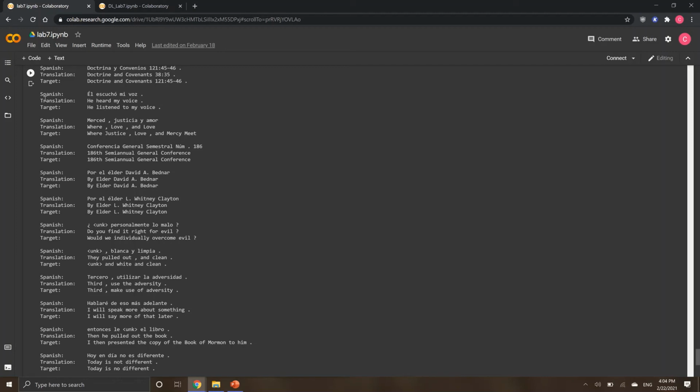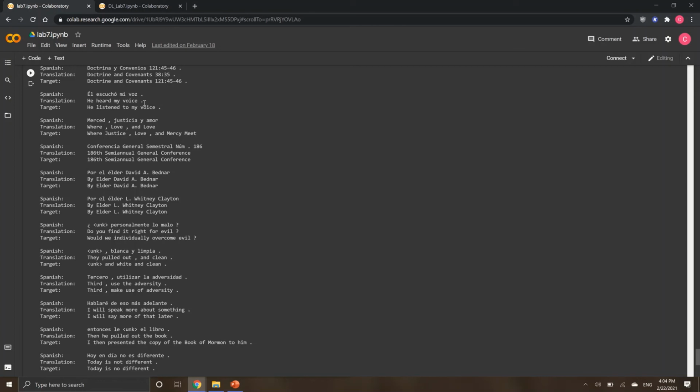The reason why we're going from Spanish to English is so that for those who don't speak Spanish, you can pretty easily look at these two sentences and see how close they are if they don't match directly. For example, "he heard my voice" is pretty similar to "he listened to my voice," so that's definitely a good translation.